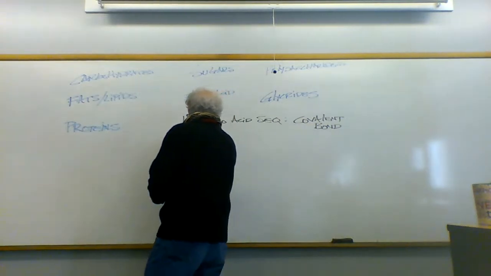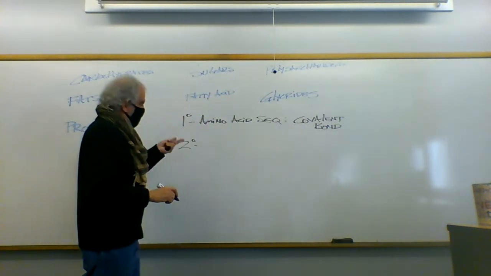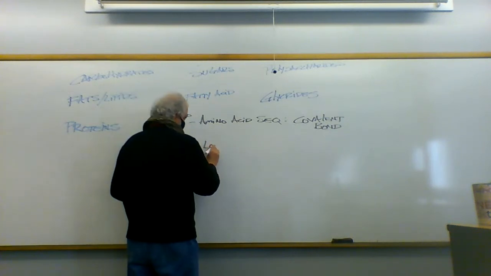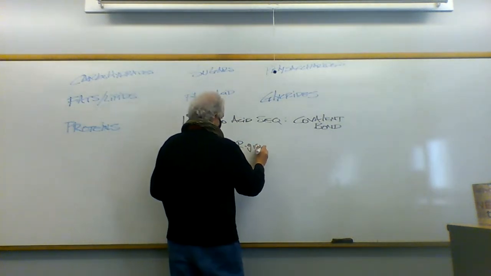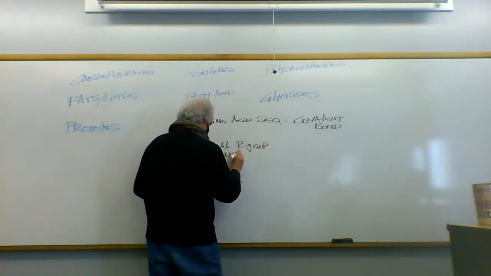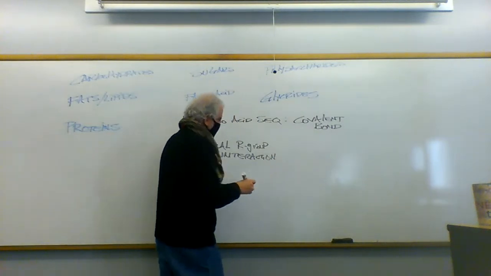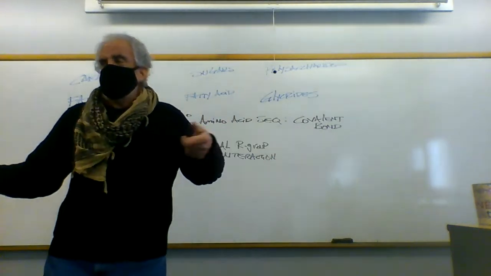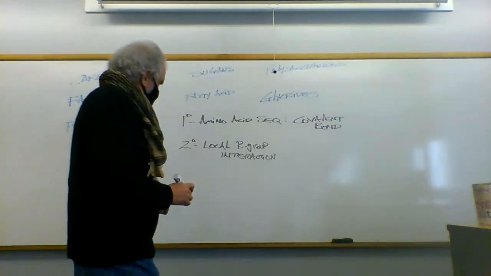We have secondary structure, which is local R group interactions. So who are the R groups on either side of you? Oh, probably 5 R groups on either side of you.